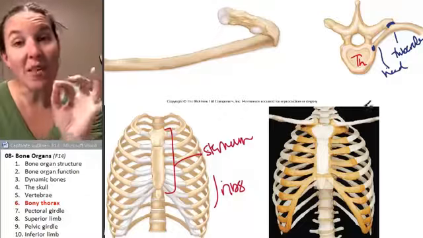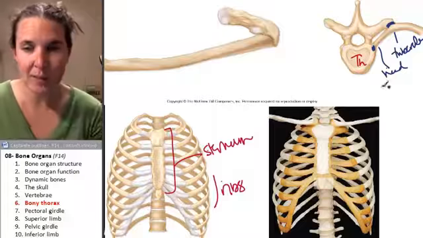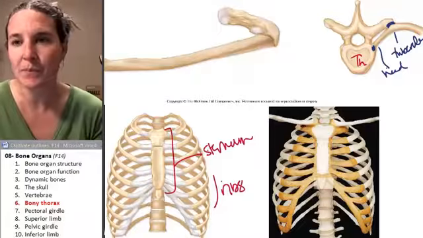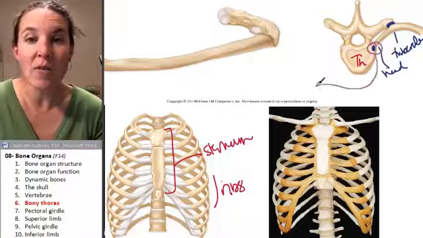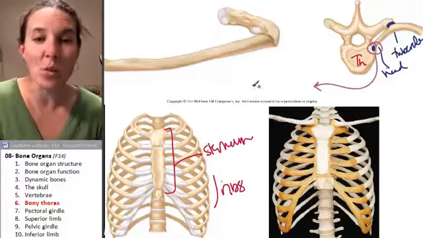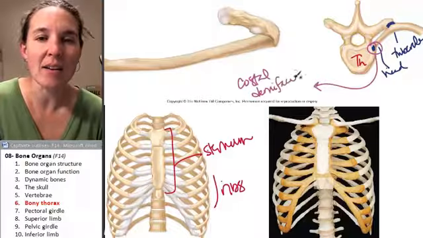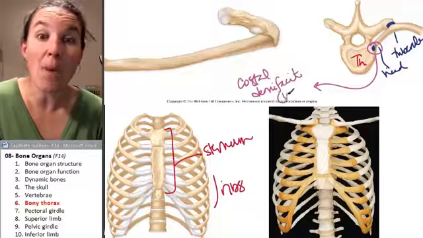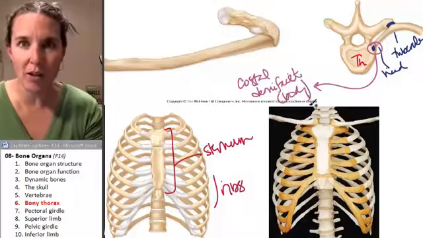The place on the vertebra where the articulation happens, are you ready for this? Visualize, if you will. The head of the rib articulates with the costal demifacet on the body of the thoracic vertebra.